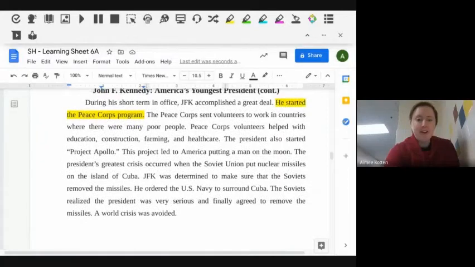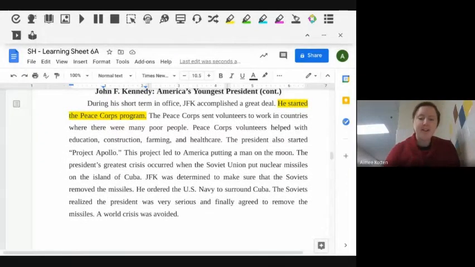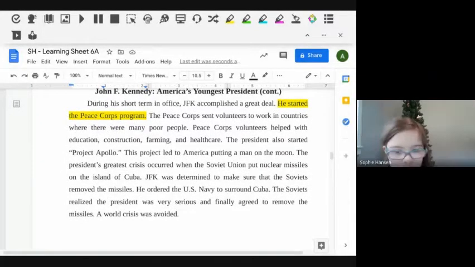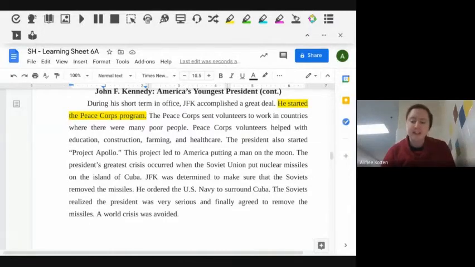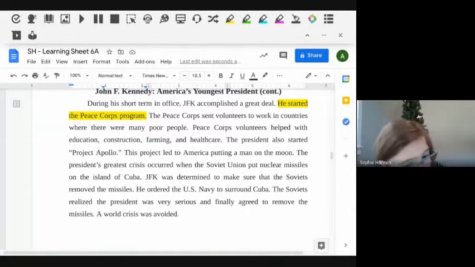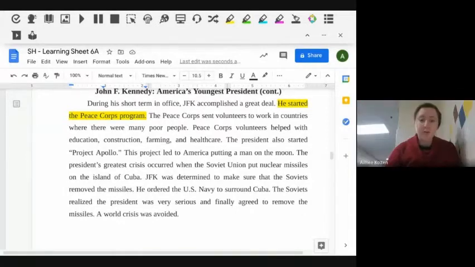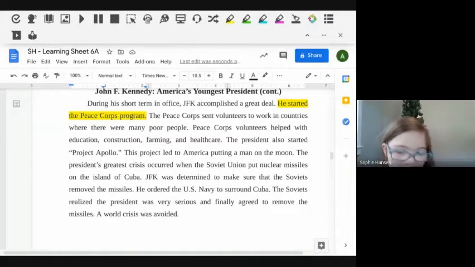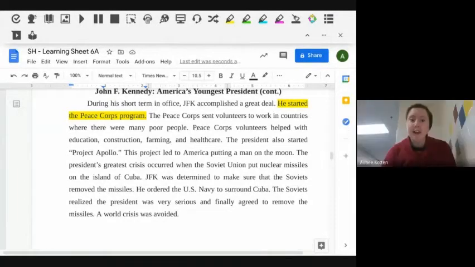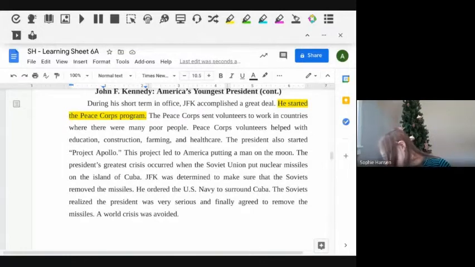Can you tell me another detail about our paragraph that tells about JFK and the presidency? Education, construction, farming, and healthcare. Oh, yeah, the Peace Corps volunteers helped with all those things. That's the other detail, right? Yeah, that helps us with the detail that he started the Peace Corps program.